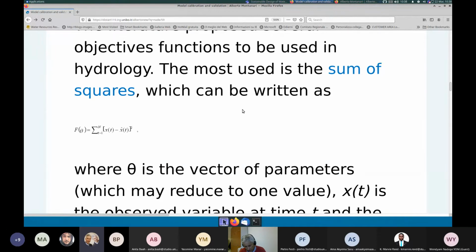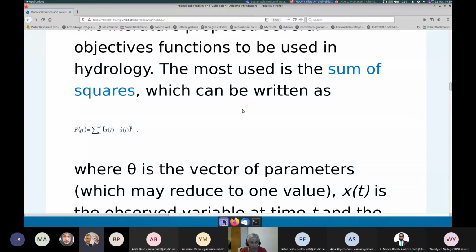And the use of this automatic calibration and guided search becomes particularly important when the model is complicated and you may have like 10 parameters to optimize. If you have 10 parameters, how can you make your trial and error procedure? How can you judge every single combination?